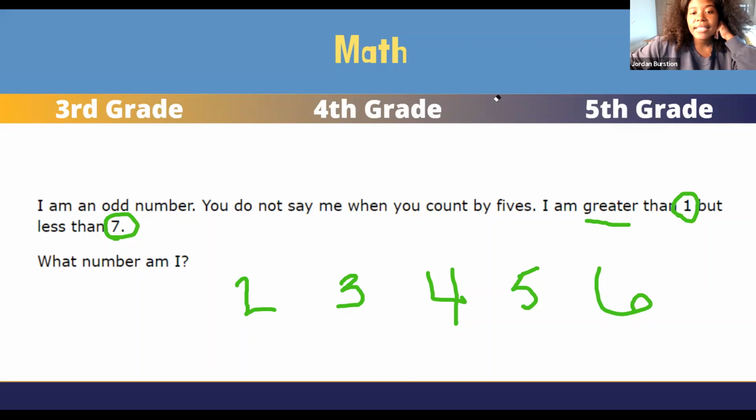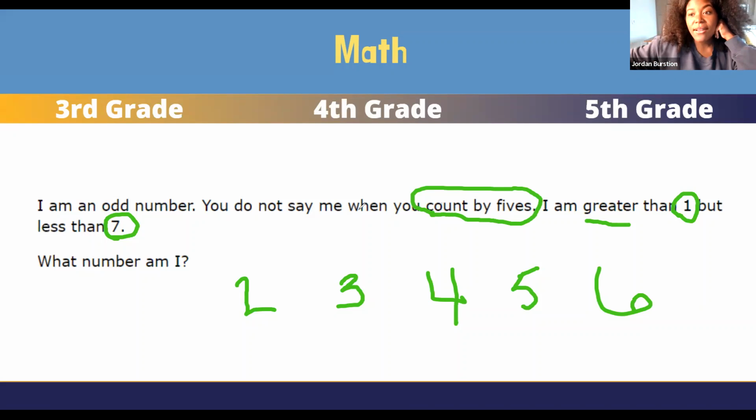All right. Then they also tell us, let me go back. Oh, I see Emery. 5. Okay, look, so they said you do not say me when you count by fives. So I know you know how to count by 5. So if we think about how we count by fives, we say 5, 10, 15, 20, 25, 30.